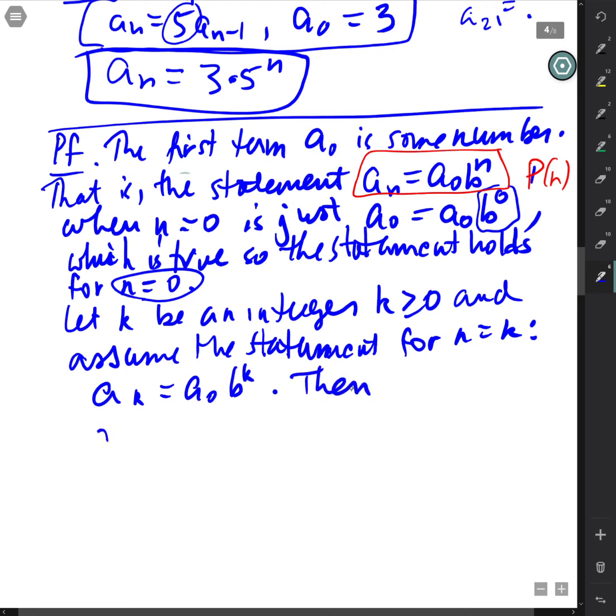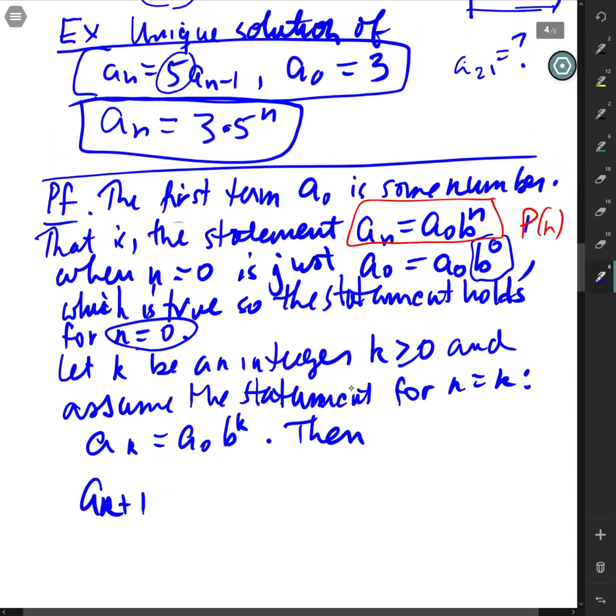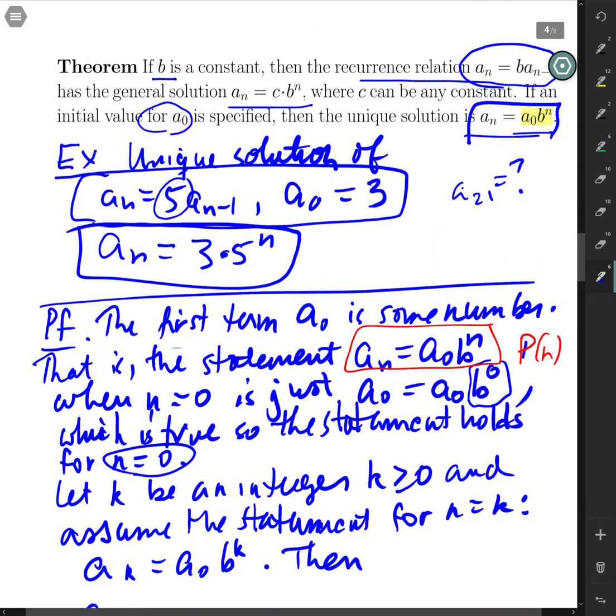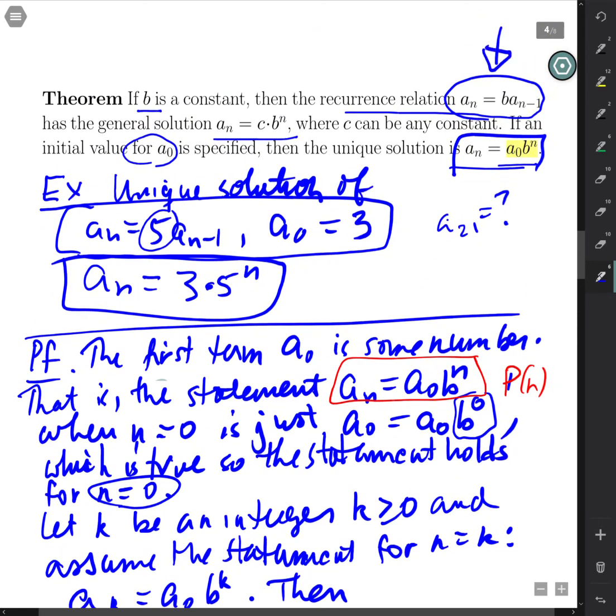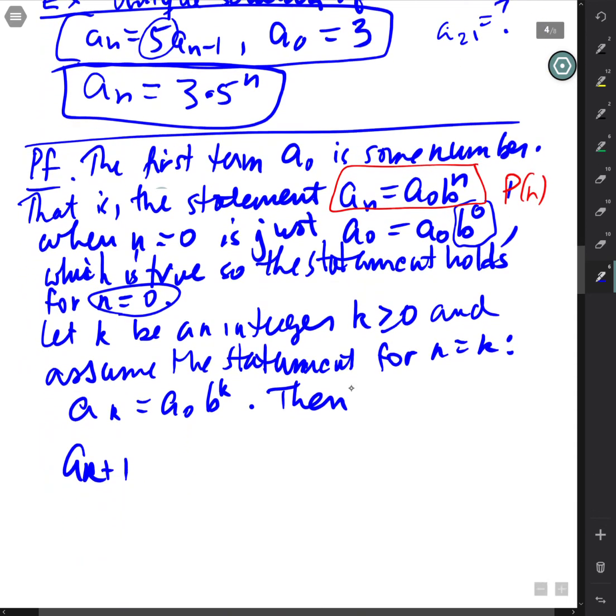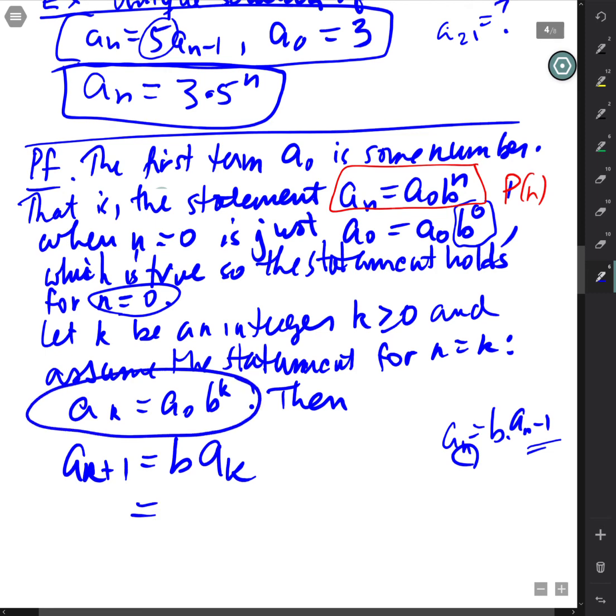Then what is a_(k+1)? Well, I'm going to scroll up a little bit so we can look at it; it is given by the recurrence relation right there. a_n is equal to b a_(n-1). So if that's a_(k+1), I'll have a b, and I'll have an a. Well, one less is k. But we have assumed in our induction assumption that that's a_0 times b to the k. So that's equal to a_0 b to the k plus 1.